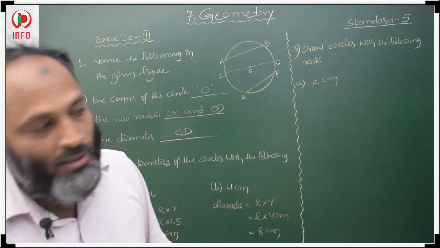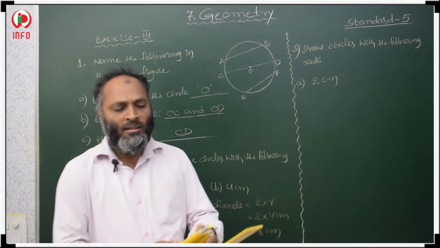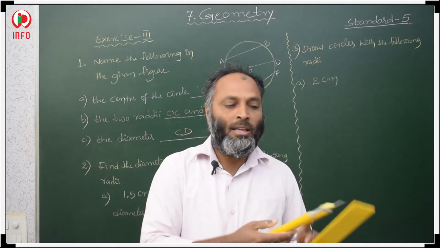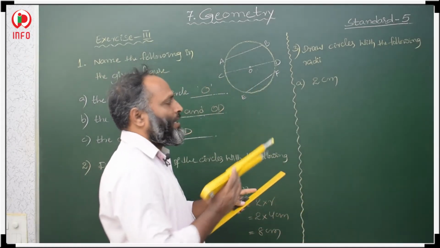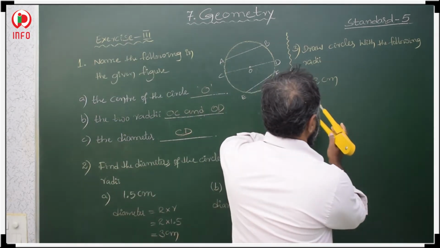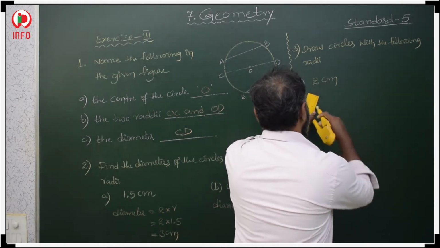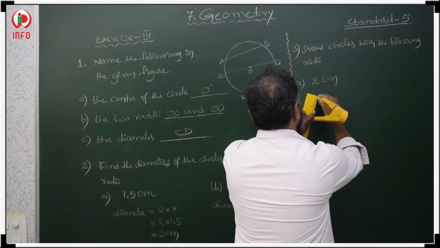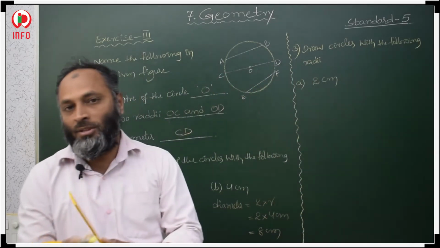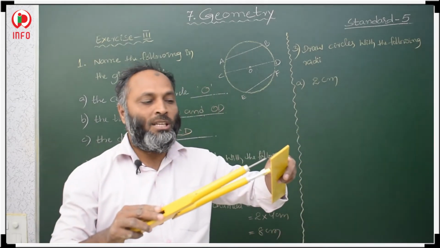First you take a ruler and compass. In one hand you fix your pencil, then you take 2 centimeters on your scale. Here I am taking 1 centimeter as 5 centimeters. So, calculate 2 centimeters on a ruler, keep your compass on the ruler and take 2 centimeters.